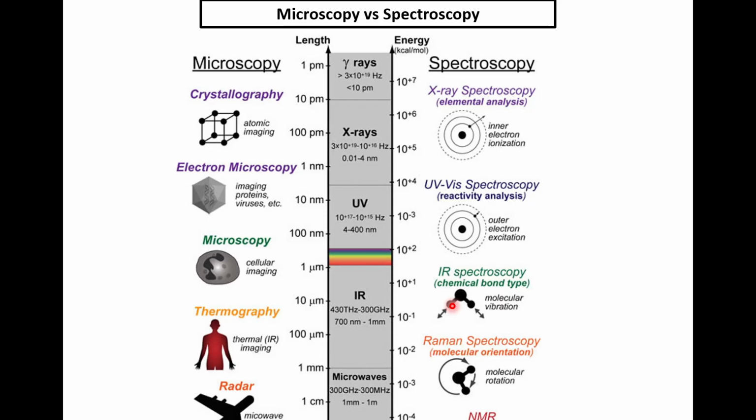Okay, so those molecular vibrations we can actually quantify with the help of infrared spectroscopy, and it can tell you what kind of chemical bonds are being formed between two molecules in space or in a chemical compound.